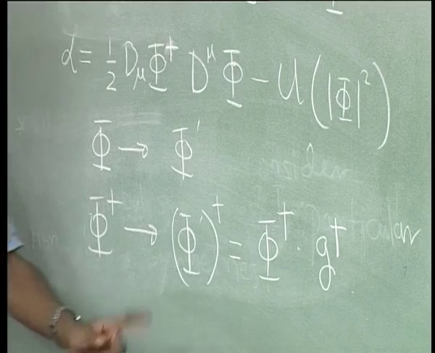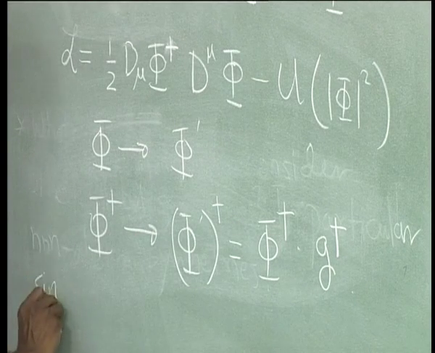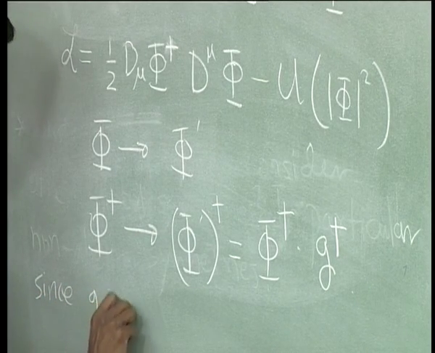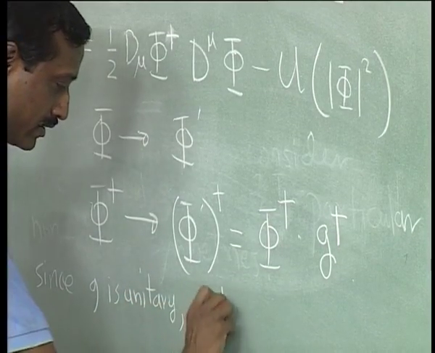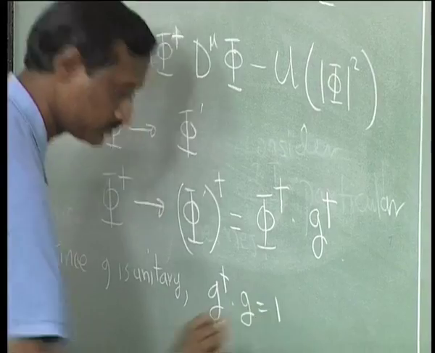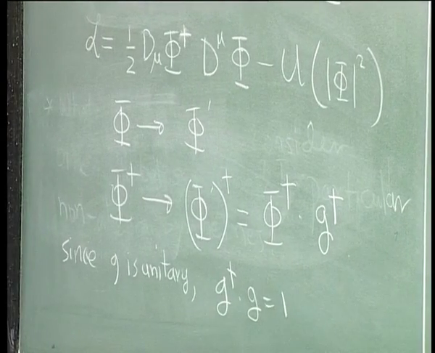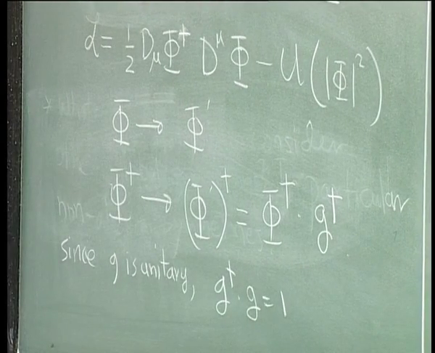And since G is unitary, what does that imply? G dagger dot G equals 1. This is just the unitary property.